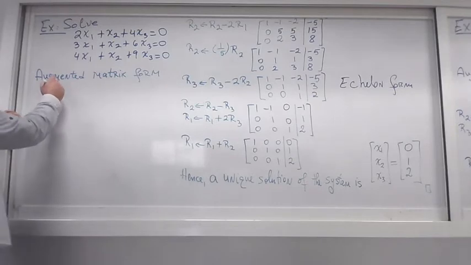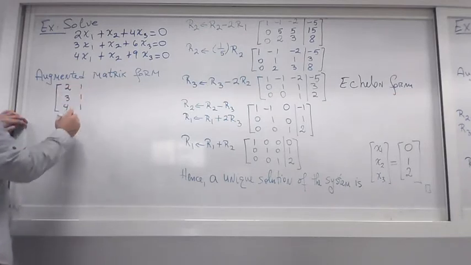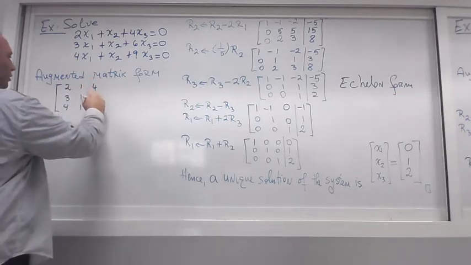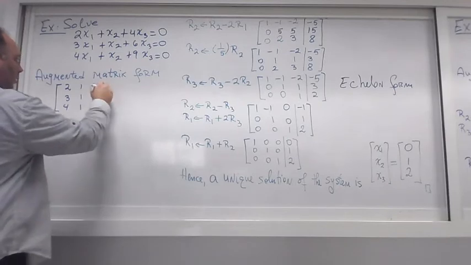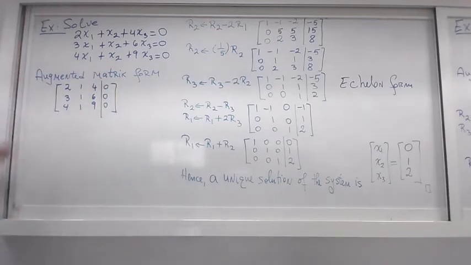So if I produce the augmented matrix form, it's easy. Okay, so I have my leading entry 2. I don't like 2. I could divide by 2, but I will introduce a fraction here.